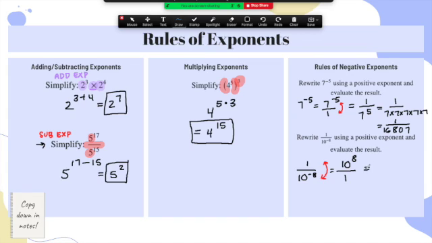And so we get here 10 to the power of 8, which is just 10 times 10, 3, 4, 5, 6, 7, and 8. And that equals 100,000,000. That would be my final answer.